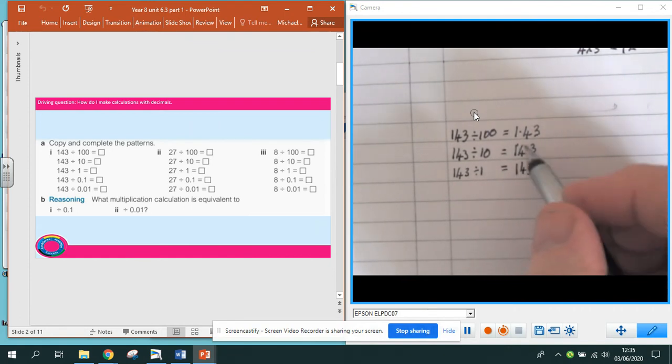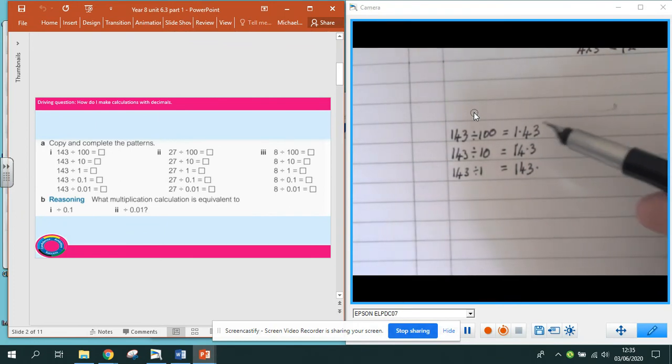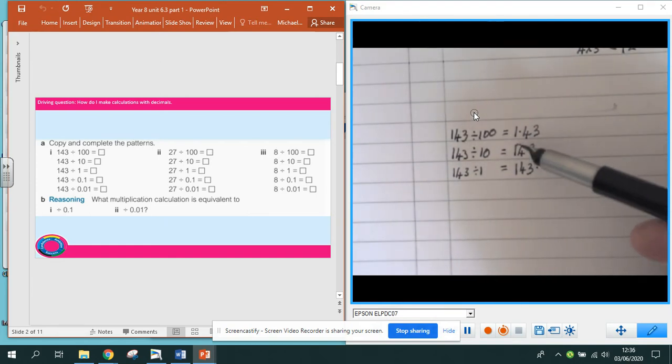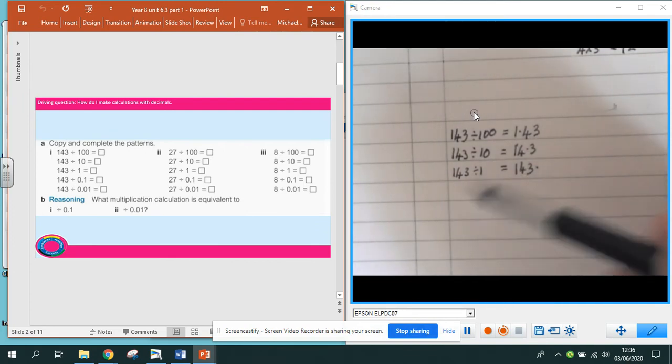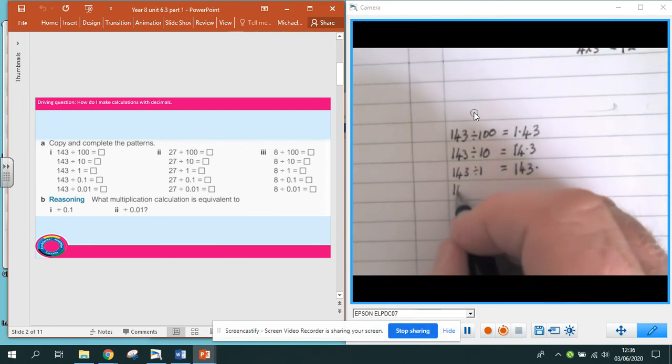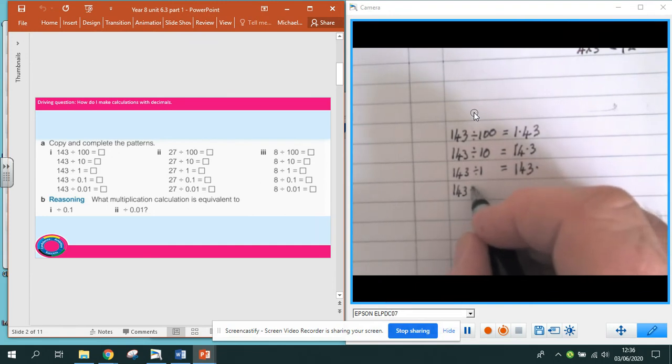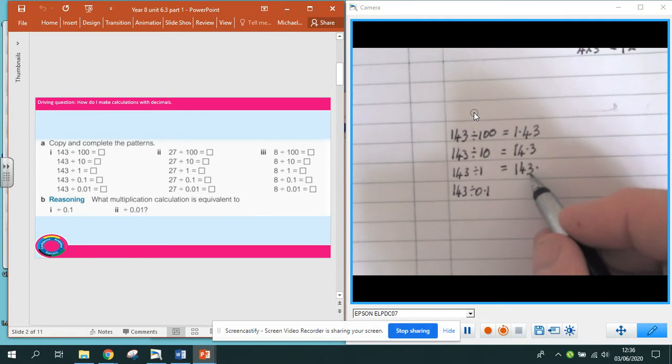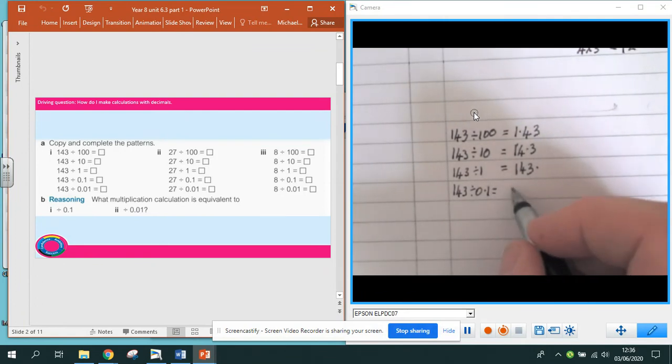Now can you see with each case what's happening? I'm going to put the decimal point in just to make it a little bit clear. With these, every time I've done this, the numbers have moved 1 place to the left each time. So the next one, they're going to move another place to the left. So 143 divided by 0.1, effectively my numbers are going to move over another place.